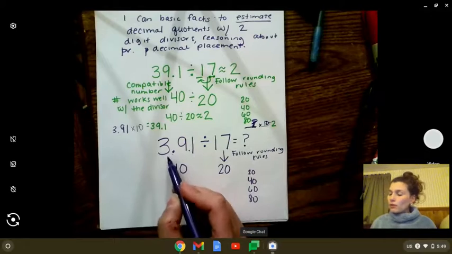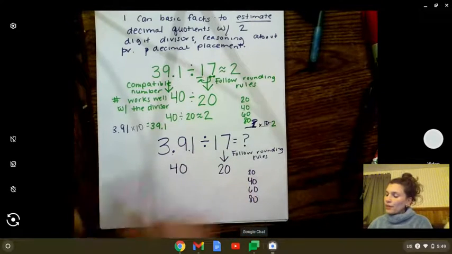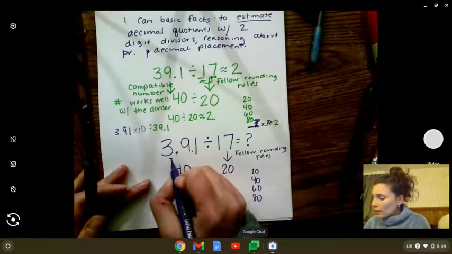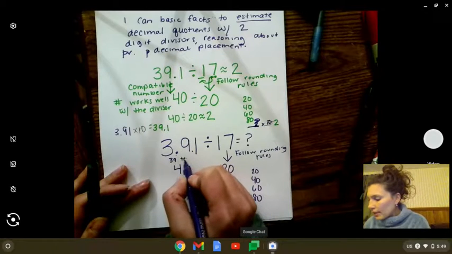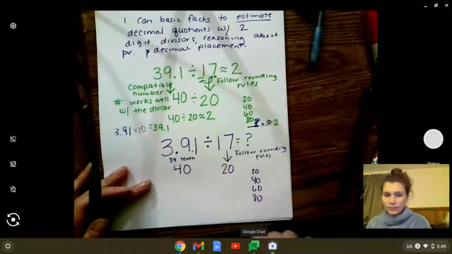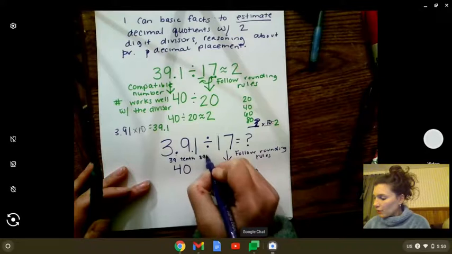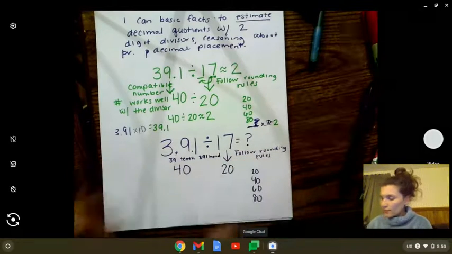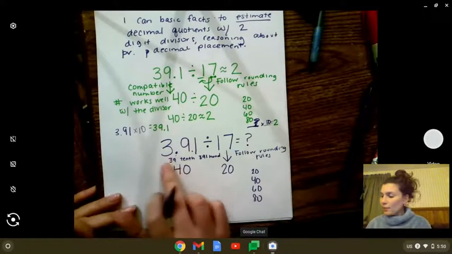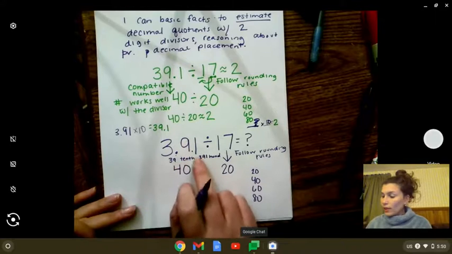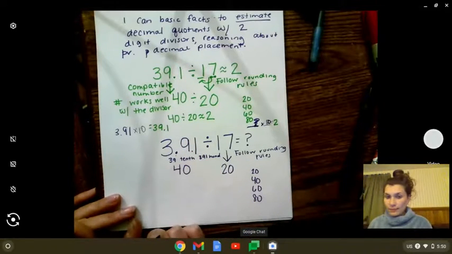So, well, if I know that this is kind of close to 39 tenths, or 391 hundredths. I could say this number as 39 tenths or 391 hundredths.